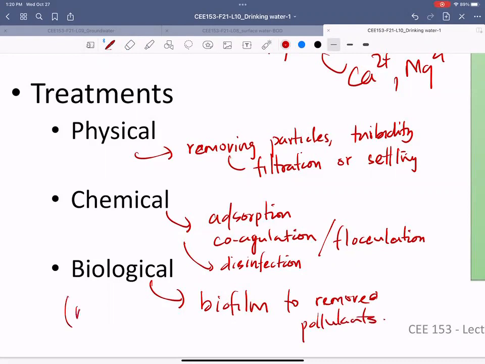This is mostly a natural way. Nature takes care of things like this. Nature also takes care of things like physical methods. Chemical methods are not very natural, because nature doesn't produce chemicals to do stuff. We do use chemicals. So these two are natural methods.